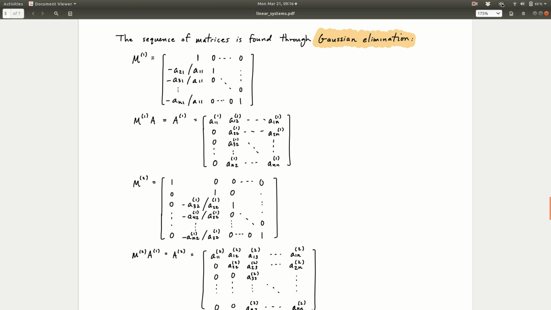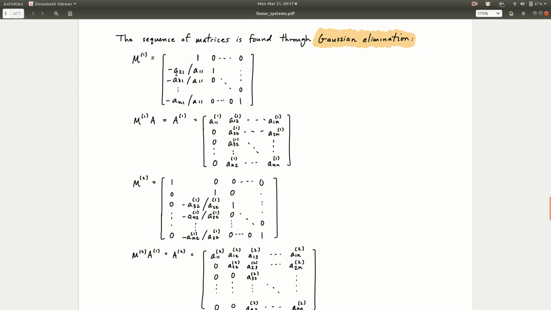Okay, so why did we do this? If you multiply this by A and call that A1, something interesting happens. So let's do the 1,1 entry. It's going to be this row multiplied by the first column of A. So it's going to be 1 times A11. So we get a non-zero entry here.